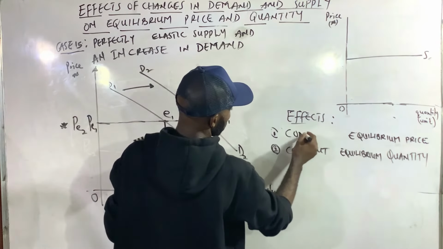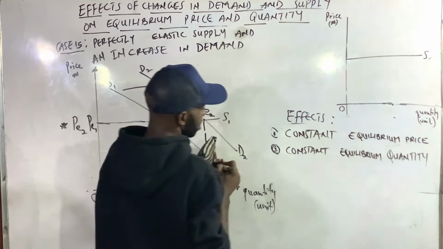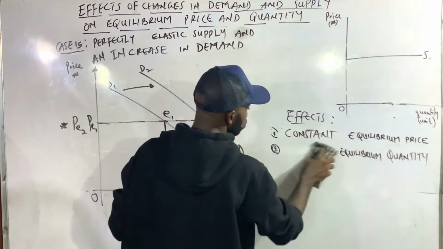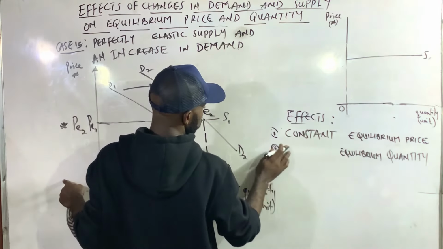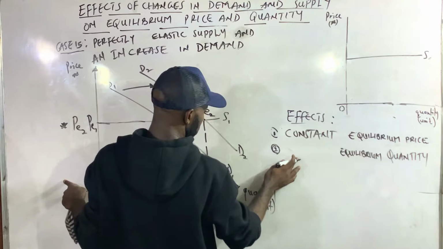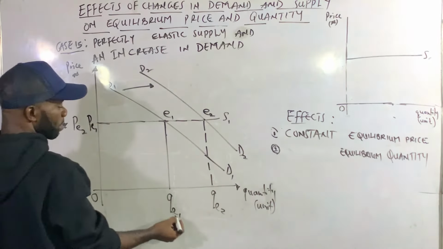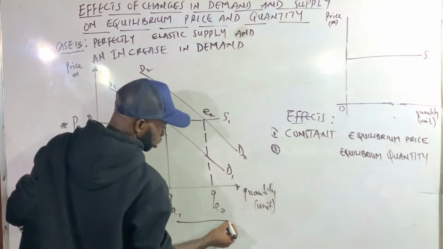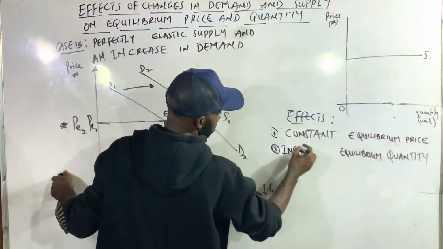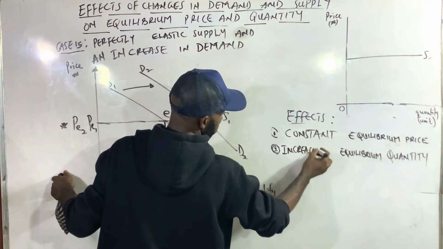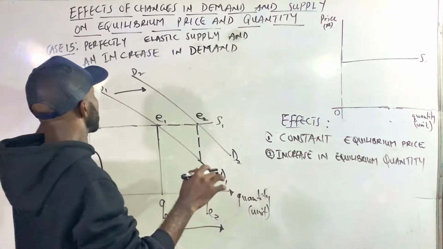Constant equilibrium, so not really something different, but we just need to know when and how to introduce these effects correctly. What's happening to our equilibrium quantity? We can see the equilibrium quantity from 1 to 2. It shows an increase. So we can establish an increase in equilibrium quantity.